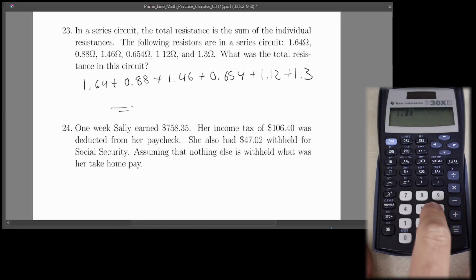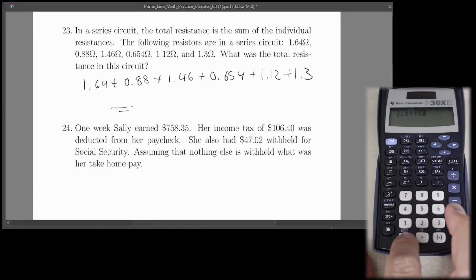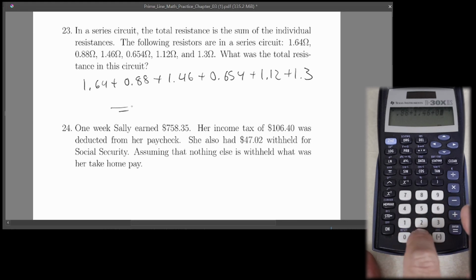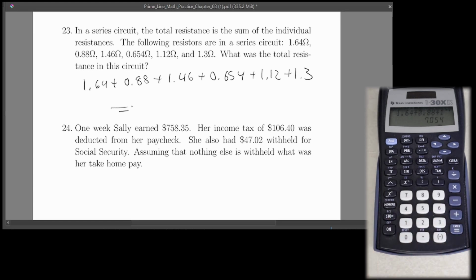And for our grand total, we are getting 7.054. And our resistance is in ohms.